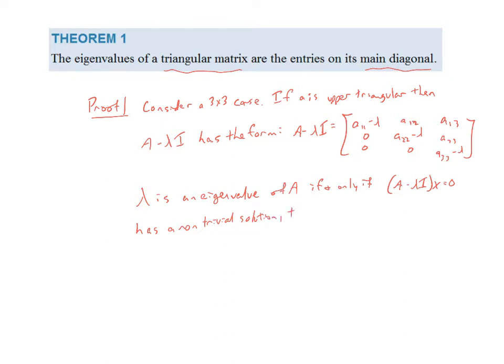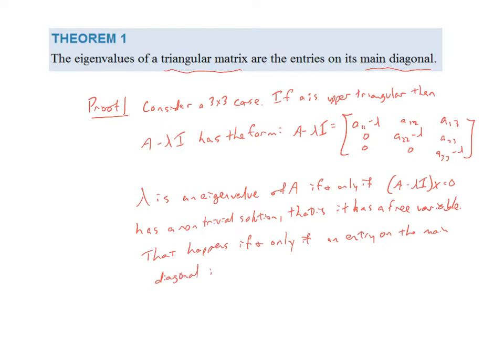That is, it has a free variable. And when does it have a free variable? That happens if and only if an entry on the main diagonal is 0, because we're already triangular.